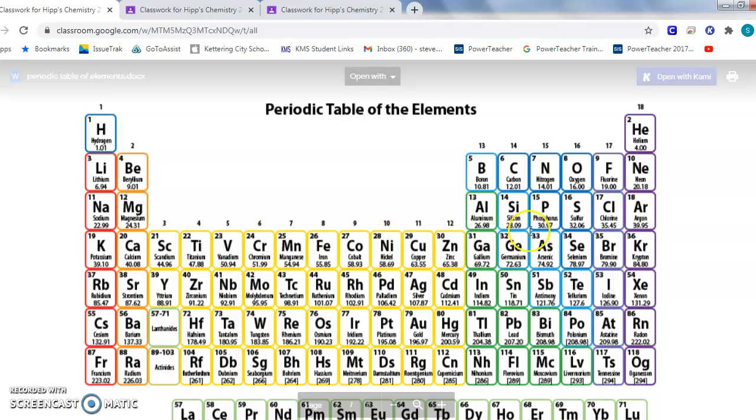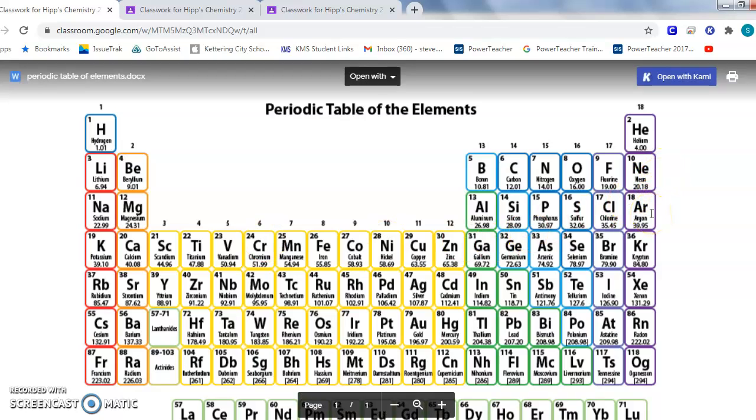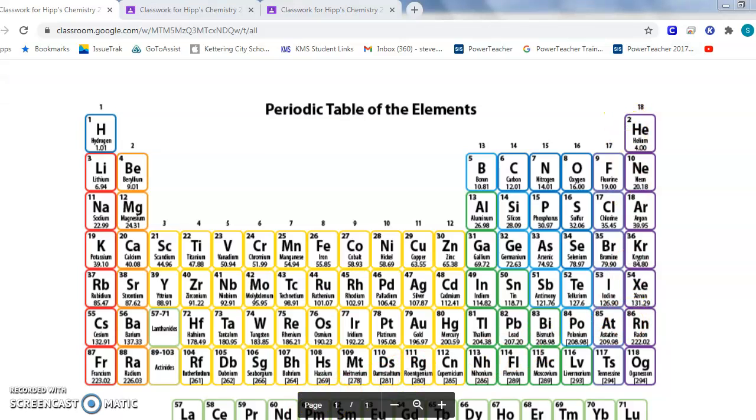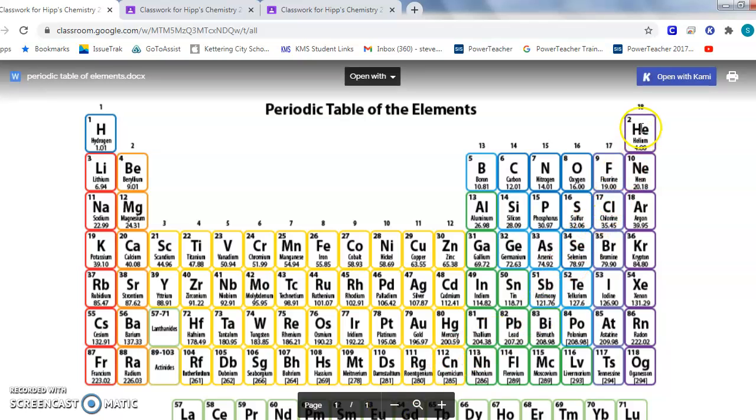But if titanium lost 4 electrons, it would have 18 just like argon, and it would be chemically stable because the noble gases all have stable outer levels, satisfying the duet rule if it's helium, or the octet rule if it's neon, all the way down the line.